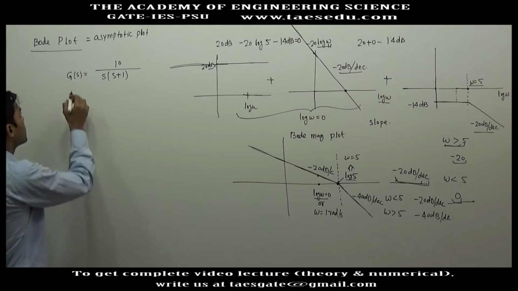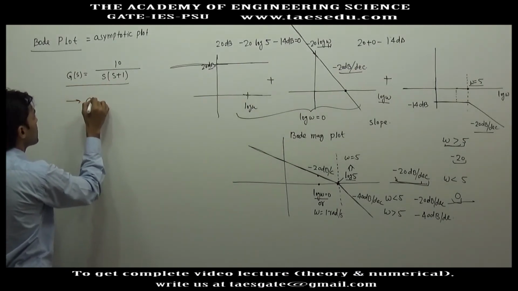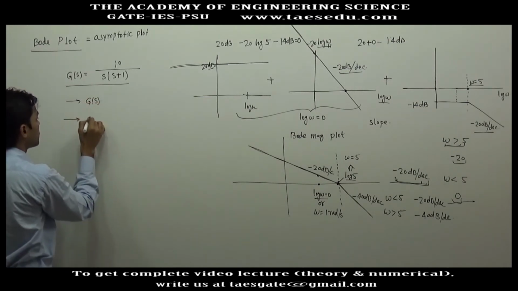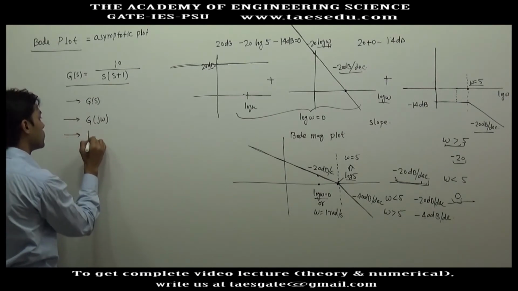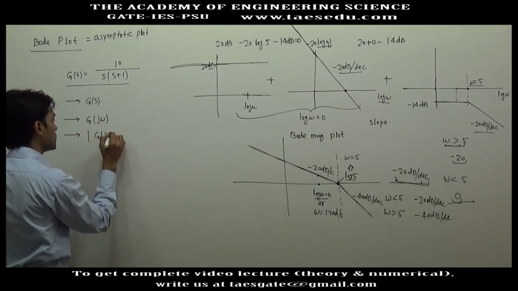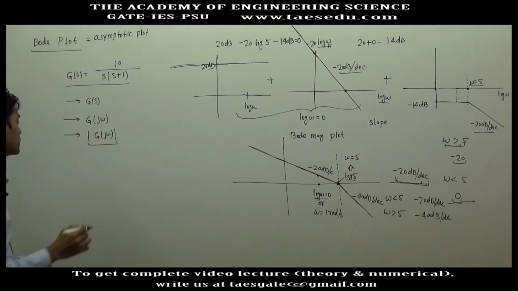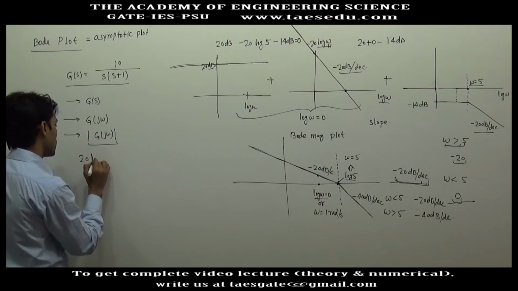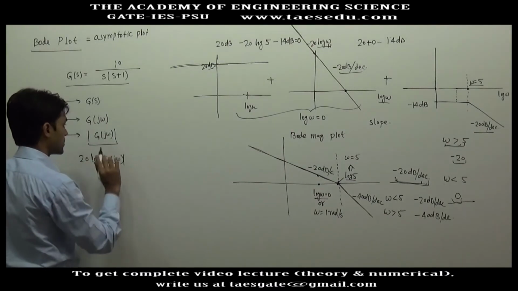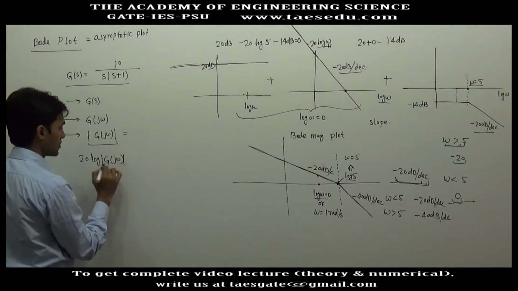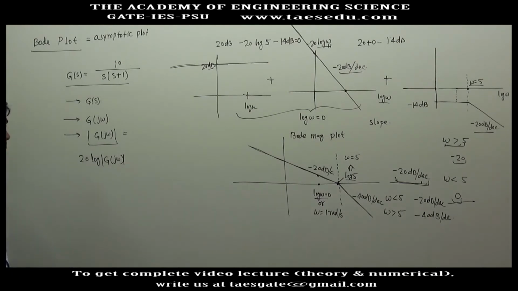So what we did to get the Bode plot of this: you will be given G(s). Then you have to find G(j omega), then the modulus of G(j omega). Then take log and multiply with 20, so 20 log modulus of G(j omega), and separate the different transfer functions to get the addition of those transfer functions.